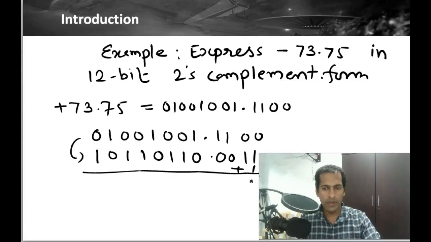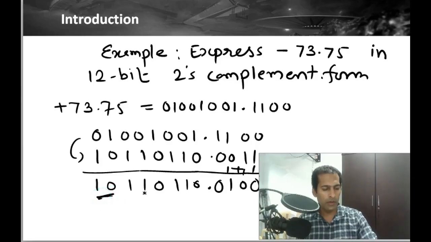So 1 1 will be 0, borrow 1, 1 1 will be 0, again borrow 1, and 1 minus 1, so we'll get 0 minus 1, we'll get 1, here we'll get again borrow, that will be 0, and this side number will be as it is.